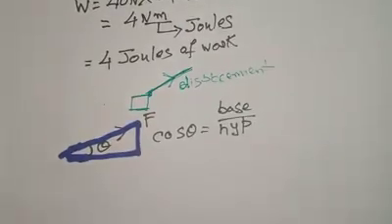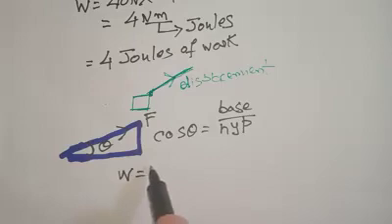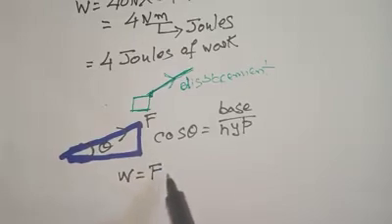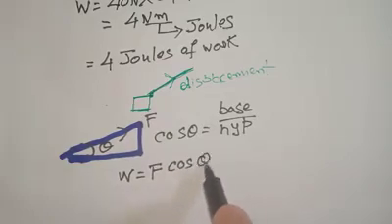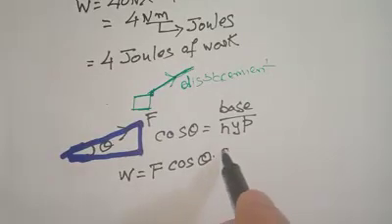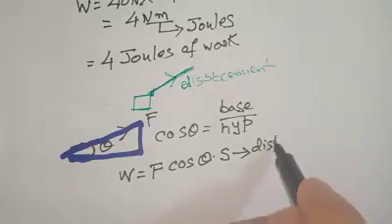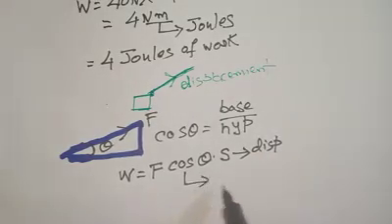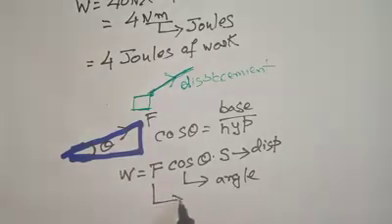So in that case, what would be the work done? It would be the force multiplied by the angle component, so we get F cos theta, multiplied by the displacement, which we measure as S. This is the displacement, this is the angle, and this is the force.